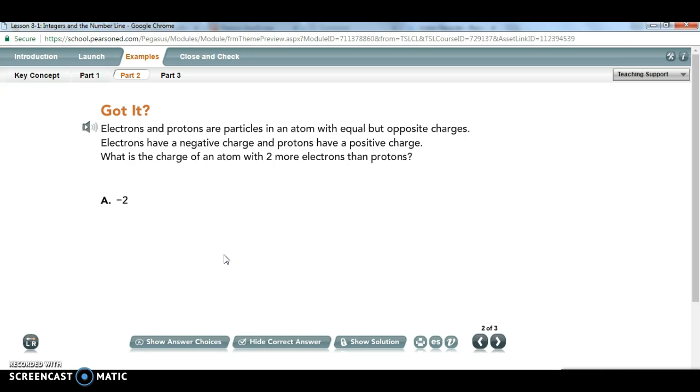Electrons and protons cancel each other out. So if you have 2 more electrons, which it says electrons have a negative charge, it's 2 more negative charges than positive charges. So that's why the answer is -2.